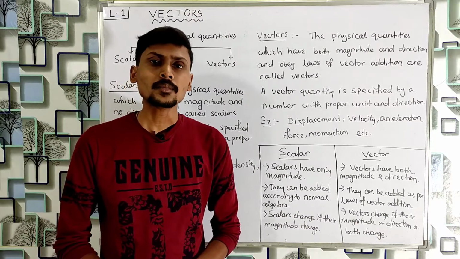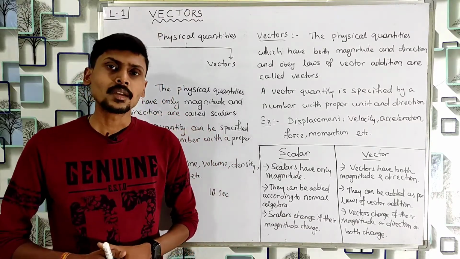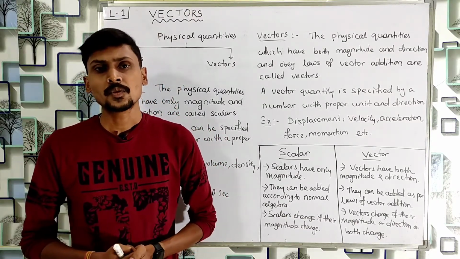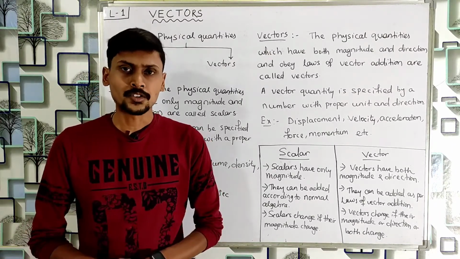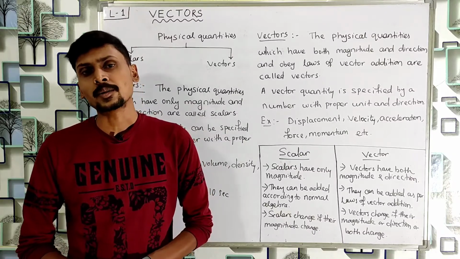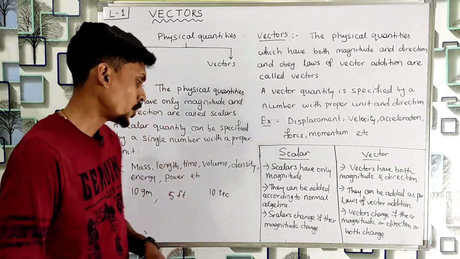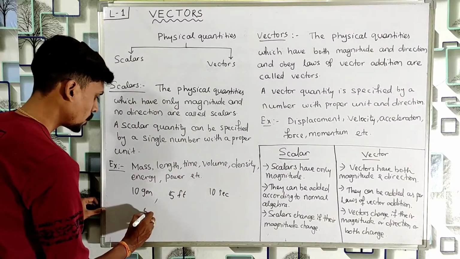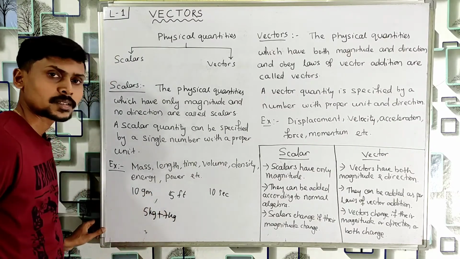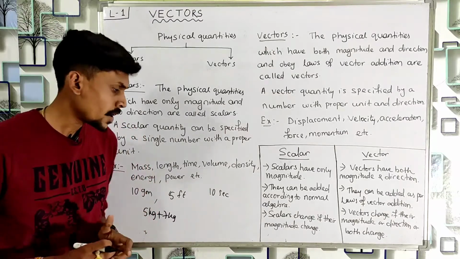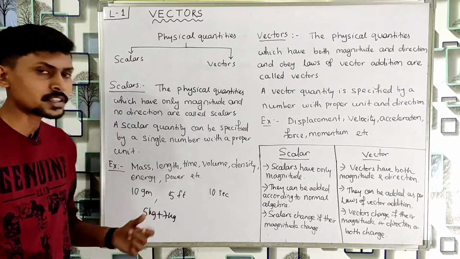Students, remember that when we add scalars, we add them like normal numbers, like ordinary algebra or arithmetic. For example, suppose 5 kg plus 7 kg. I am adding two masses. Mass is a scalar quantity and I am adding two masses, 5 kg plus 7 kg.